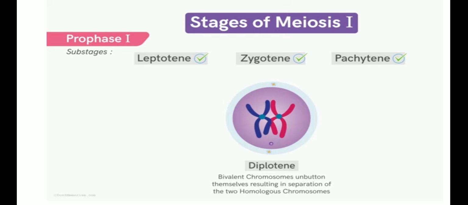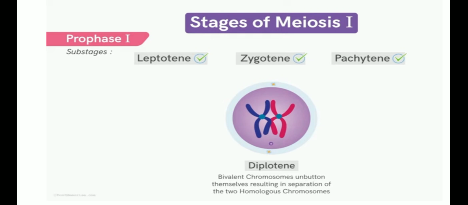Diplotene. In diplotene, each individual chromosome, which are bivalent, begin to split longitudinally into 2 similar chromatids. They are beginning to split from each other. Can you notice? So these chiasmata begin to move along the length of the chromosome from the centromere towards the end.